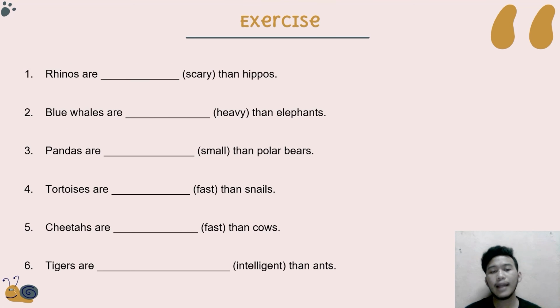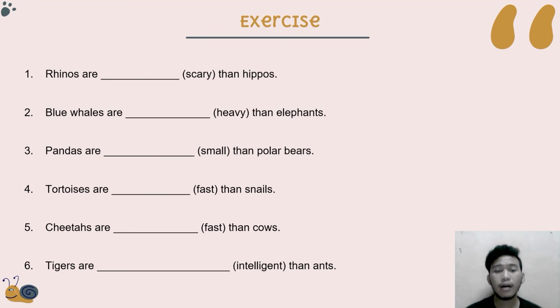Okay, then we move on to our exercise. As for the exercise, you need to read the sentences and look at the words that I bracket, and you need to change that word into the comparative adjective. For example, number 1, I give it to you.